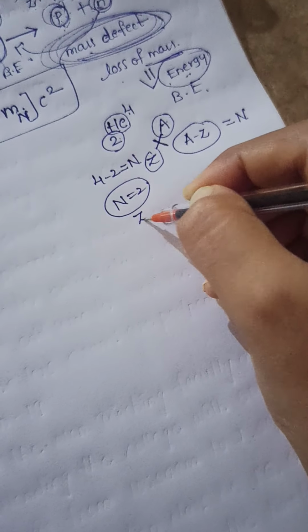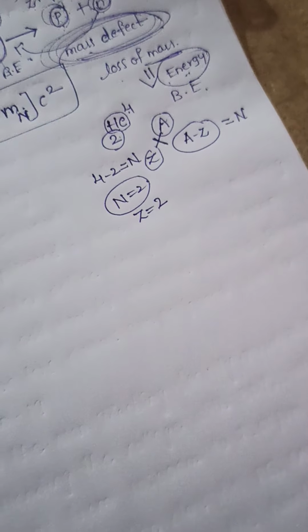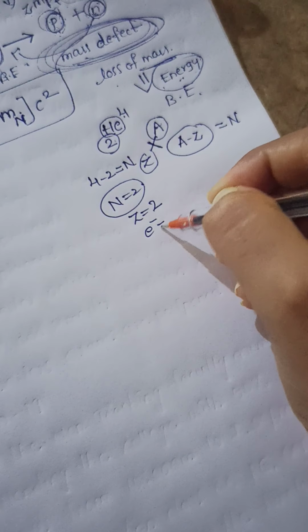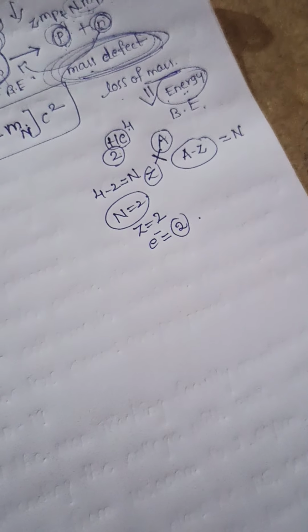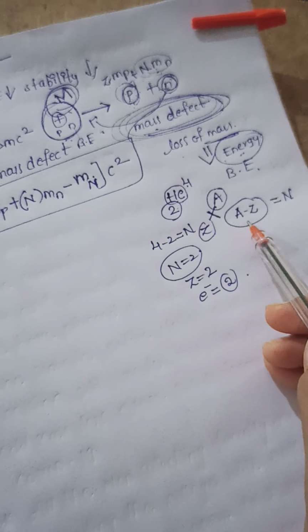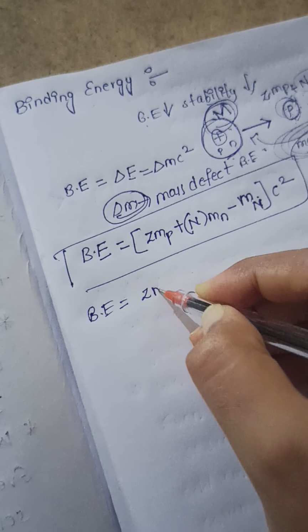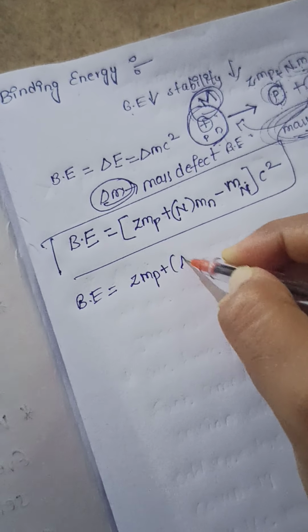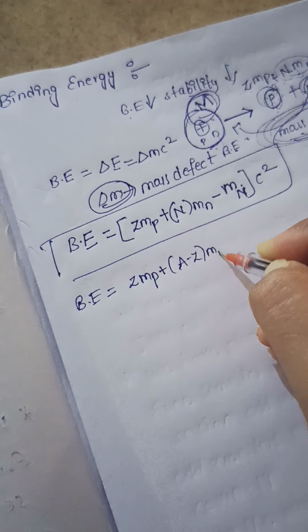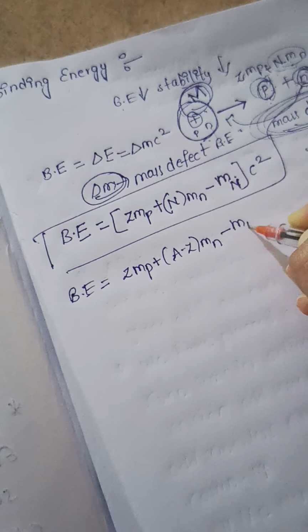The total number of protons in the helium nucleus is 2. The total number of electrons in the helium atom is 2. Now substitute the A minus Z value in this equation. That is, binding energy is equal to Z Mp plus (A minus Z) Mn minus the total mass of the nucleus.